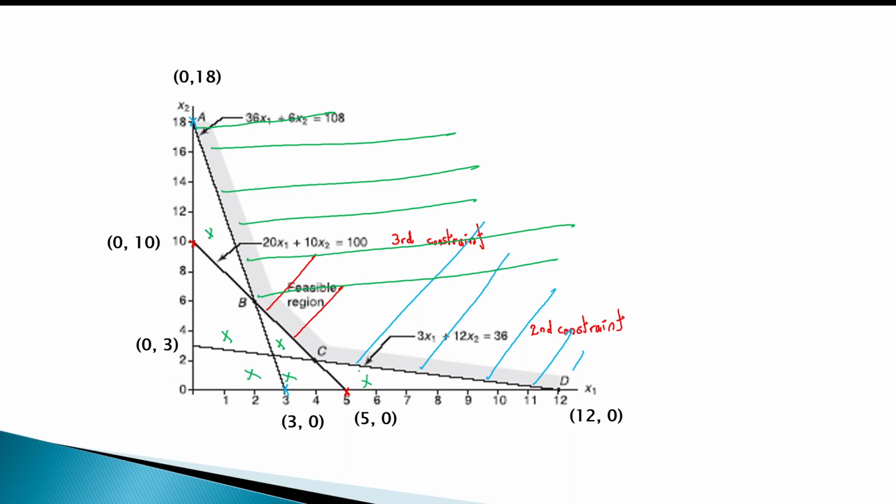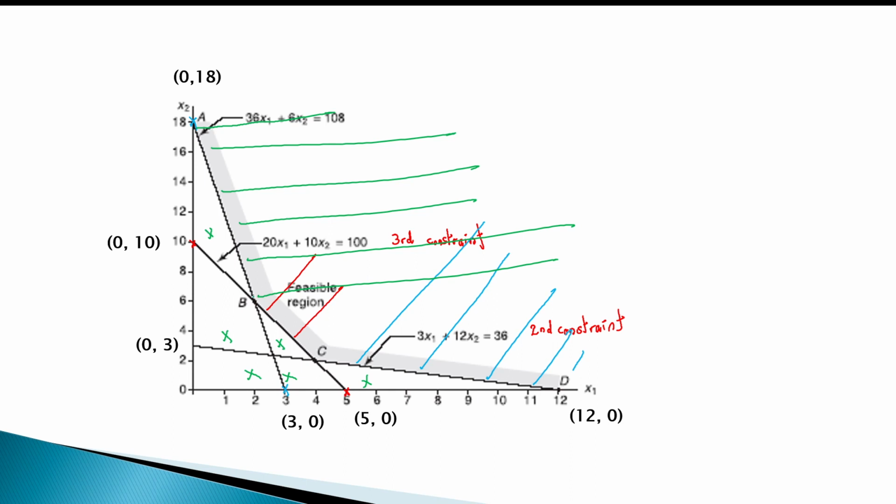From the feasible solution region, we see one corner point A, which is 0, 18. Then B, C, and D, which you can read directly as 12, 0.